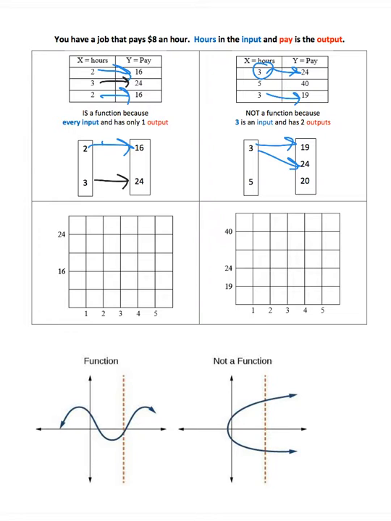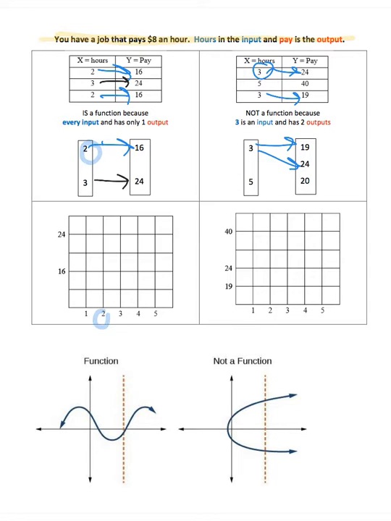Now let me show you what this looks like on a graph. This situation is about pay. You have a job that pays you $8 an hour. So let's say you work 2 hours like we did here.